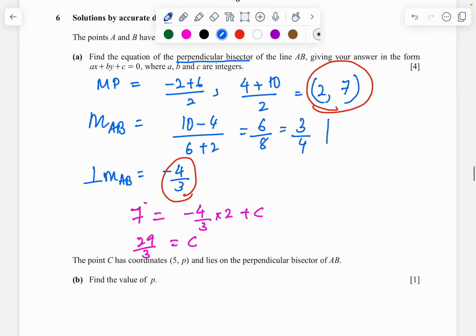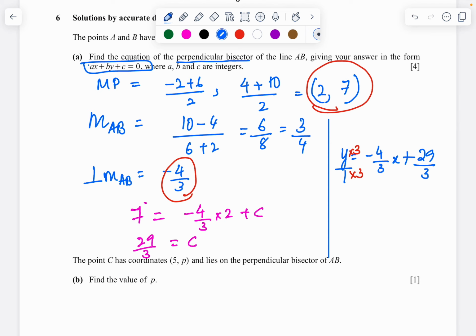But the question said you need to give it in the standard form, which means a, b and c must be integers. So I will write it down first: y equal to negative 4 over 3 x plus 29 over 3. Whenever they say integers, it means make the denominator common.